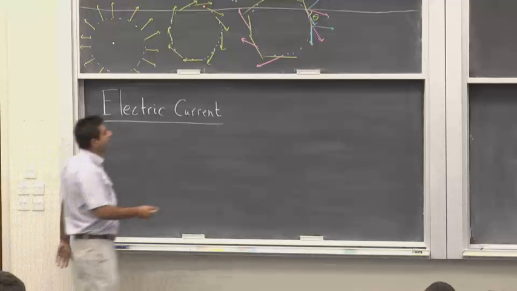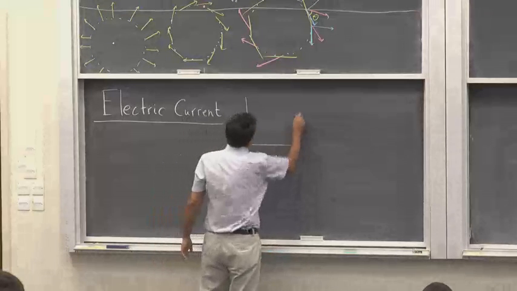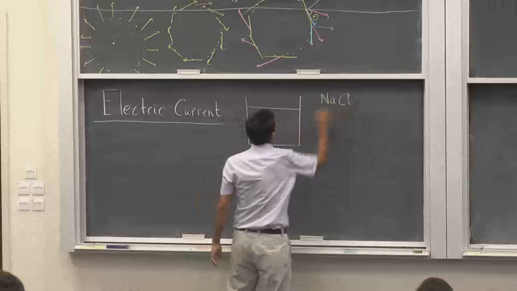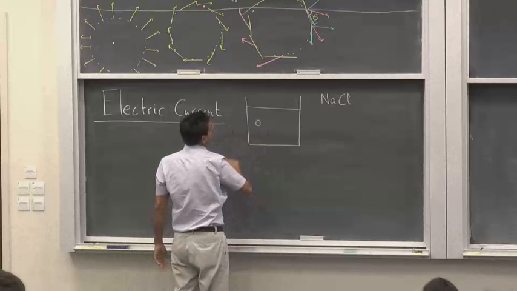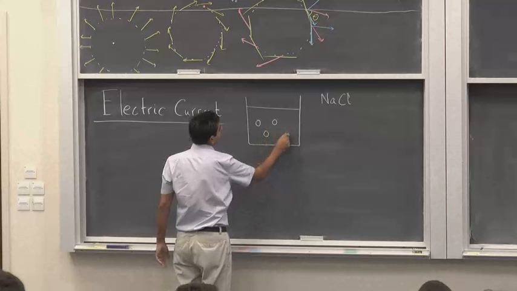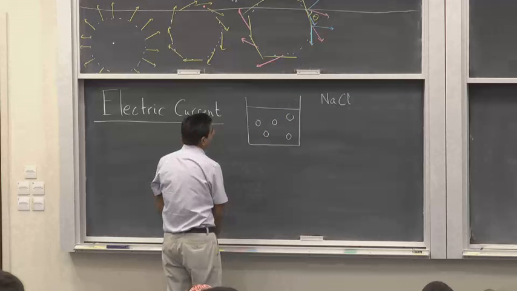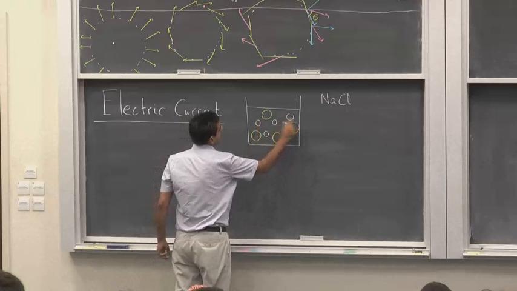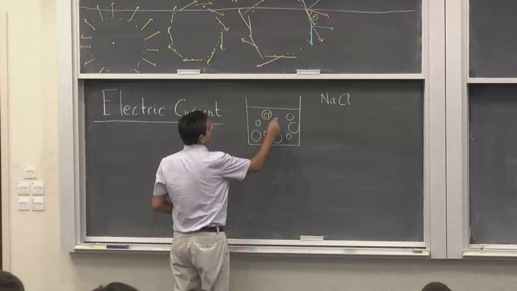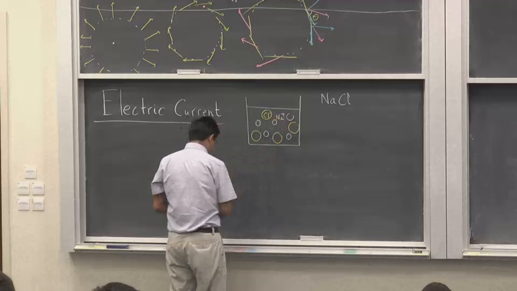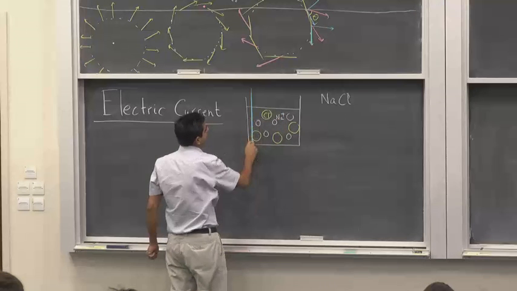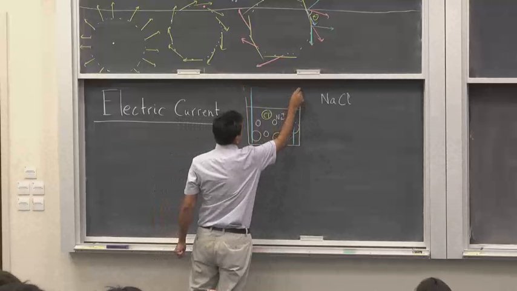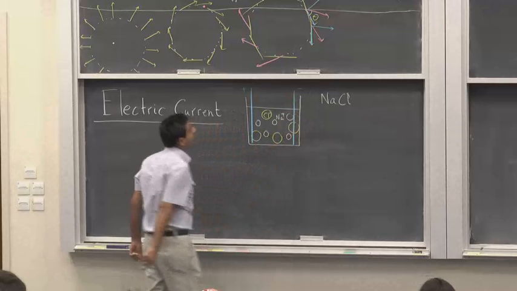For example, you can have an electrolyte, such as molten sodium chloride, and you have sodium cations and chloride ions inside this medium. And then you insert electrodes inside the medium, a positive electrode and a negative electrode.